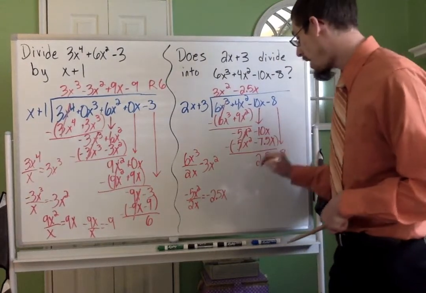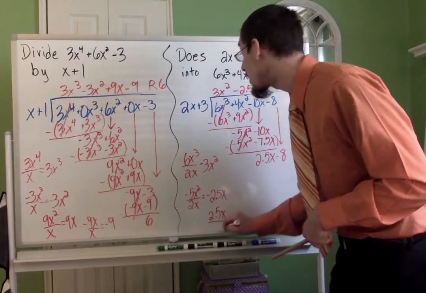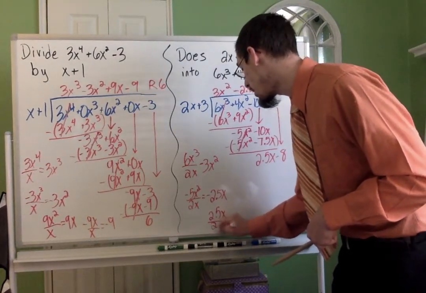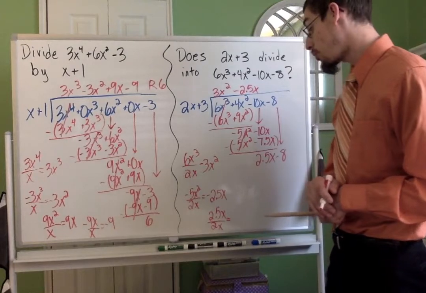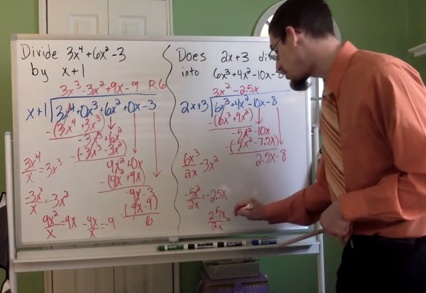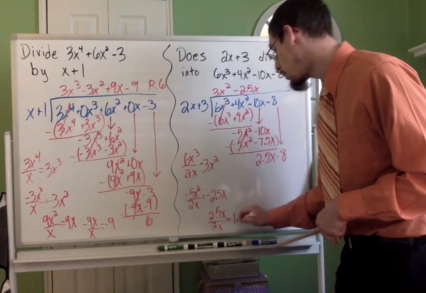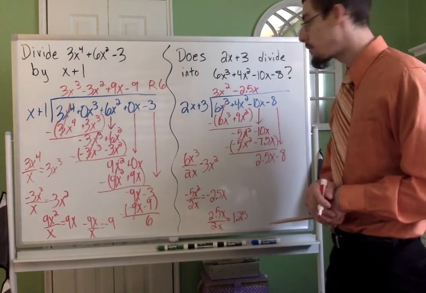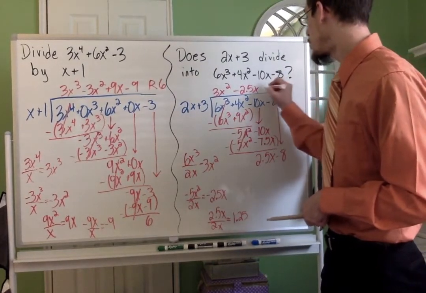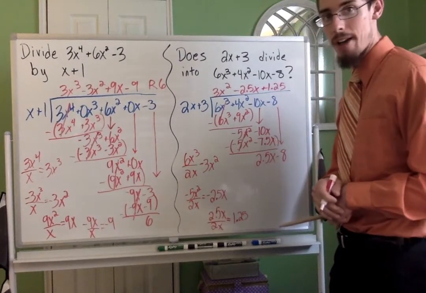So then I have to take negative 2.5x and divide it by 2x. So 2.5 divided by 2 is going to give you 1.25. So plus 1.25.